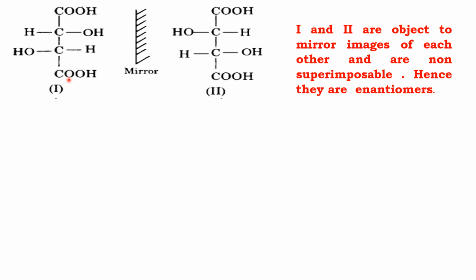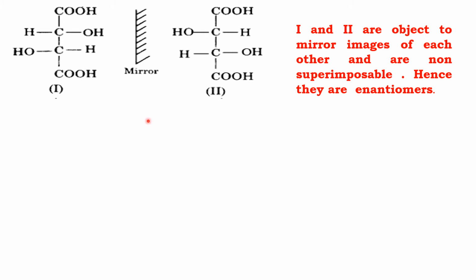Now check structures 1 and 2 of tartaric acid. These two structures are related as non-superimposable object to mirror image. And we know compounds which are related as non-superimposable object to mirror image are called enantiomers.